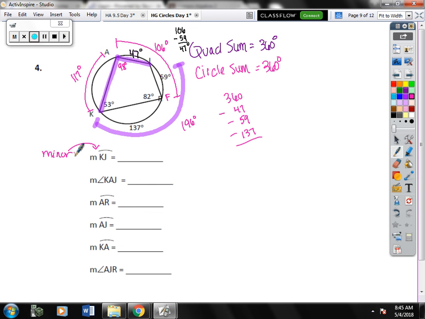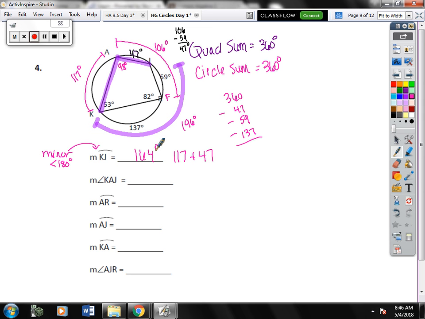And remember, a minor arc has to be less than 180 degrees. So KJ has to be this one instead of this one, because they almost look equal, but we could find out by adding them together. So for KJ, we need to add together the 2 pieces of the arc that we see, which will be 117 plus our 47. So that'll get me 164.